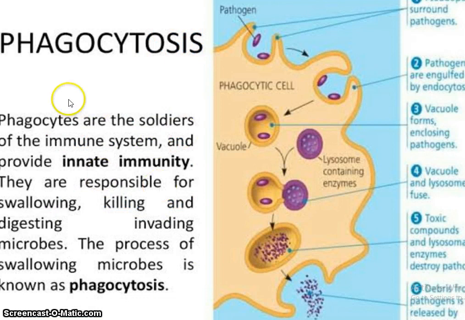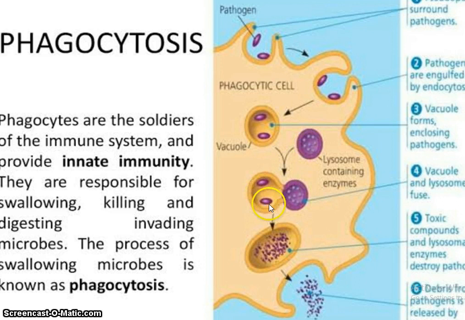Now the third barrier of innate immunity is phagocytosis. Phagocytosis means engulfing the pathogens and destroying them. Here we can see that the phagocytic cell in our body engulfs the pathogen. It creates vacuoles in the cell, and on the pathogens many lysosomal hydrolytic enzymes are released.